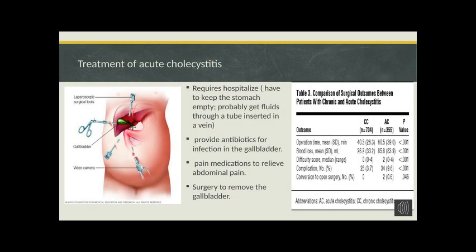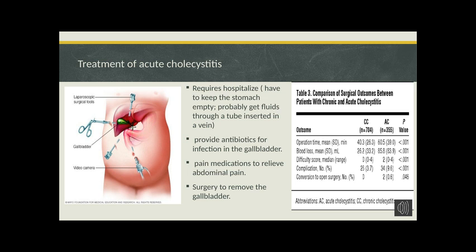Treatment of this disease. Patients who have acute cholecystitis disease most likely require hospitalization. They have to keep the stomach empty, just because the gallbladder needs to take rest, I guess. Patients have to get fluid through a tube injected in the vein, so that they don't get hungry.